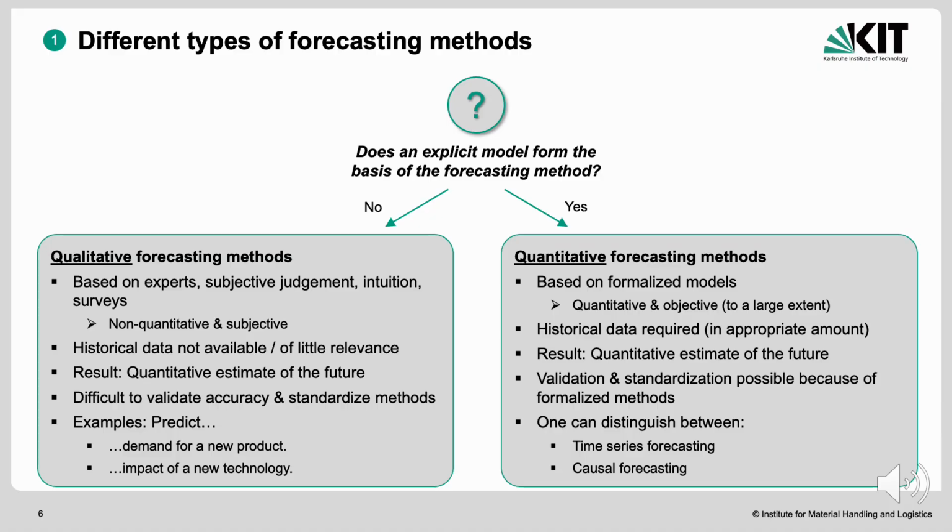And the result is a quantitative estimate for the future. So you get a real figure, a number, but always if you forecast, make sure that it's not just a number that you predict, also make sure that you talk about the span of the bandwidth of the future developments.